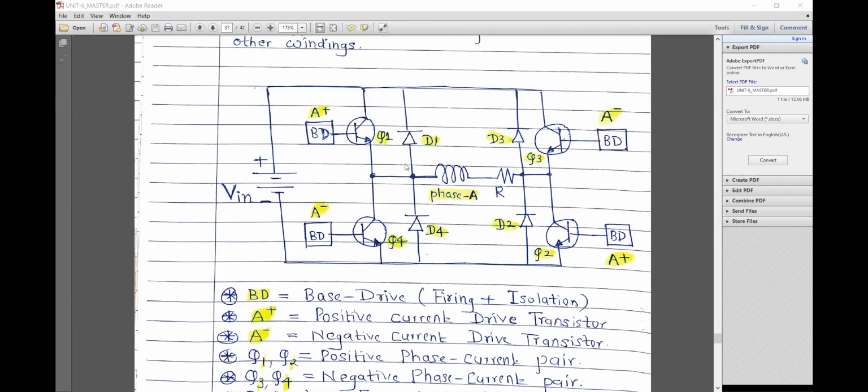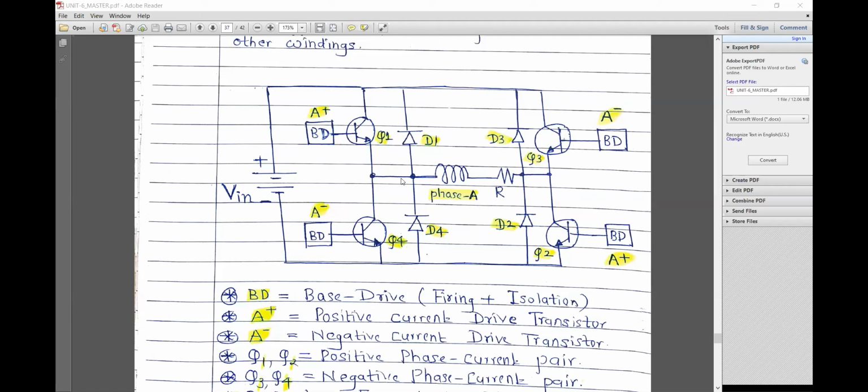When the current flows from left to right, it is called positive current. When it flows from right to left, it is negative current. D1 and D2 are the freewheeling diodes for Q1, Q2. Similarly, if I switch on Q3 and Q4, the current will flow from right to left of the load, that is negative current. Is it clear? Yes, sir.